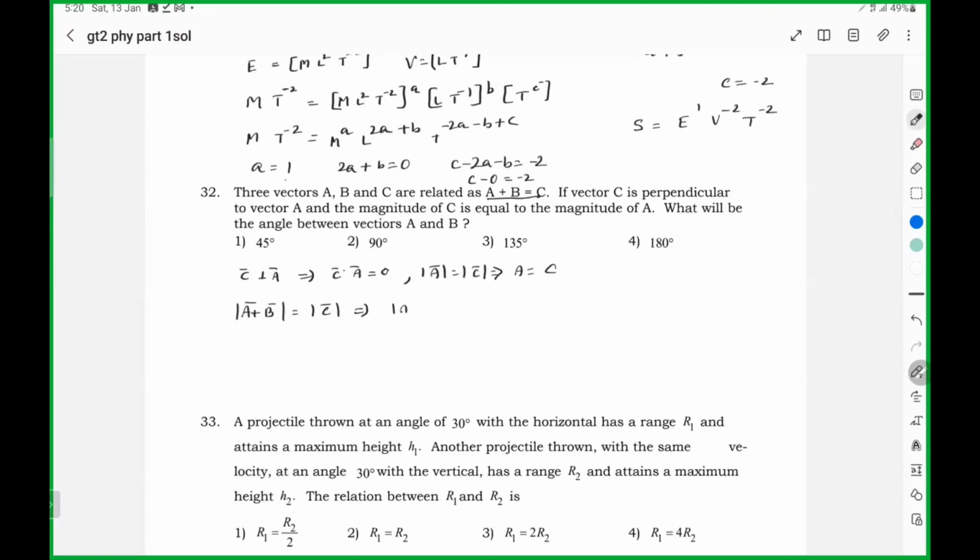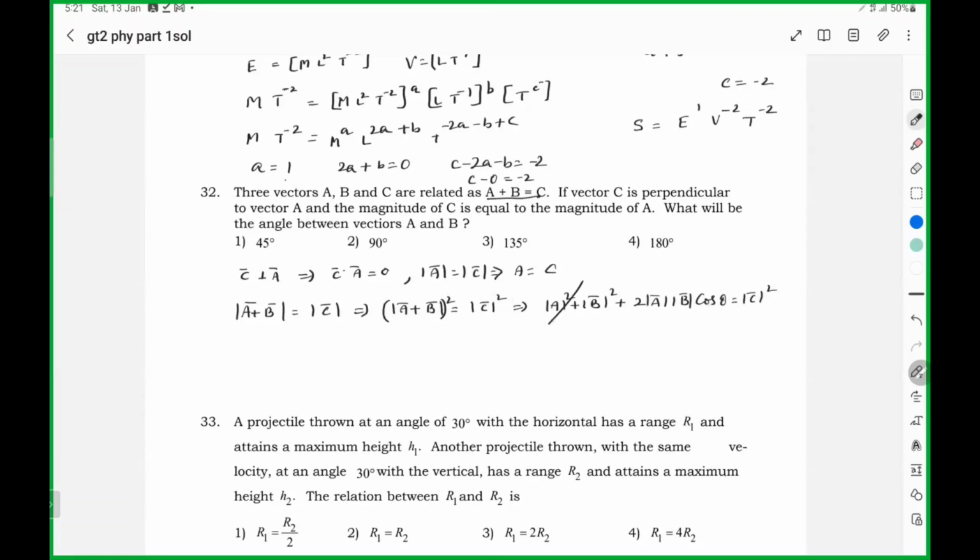Squaring, we get mod A square plus mod B square plus 2 mod A mod B cos theta is mod C square.